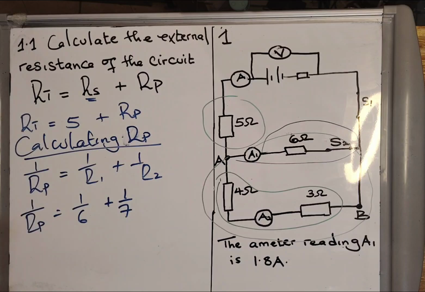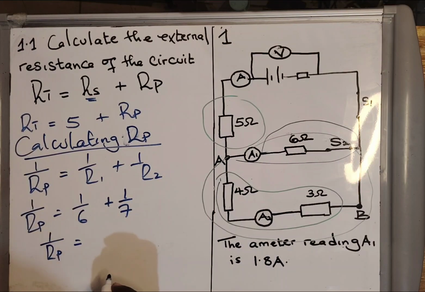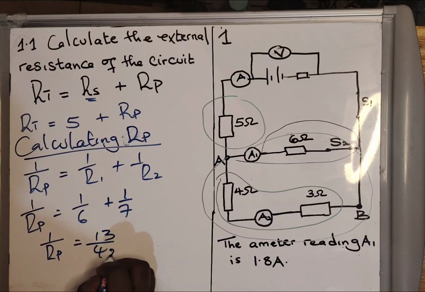So what do we get here? We are going to get 1 over RP is equal to, after computing here, 13 over 42. So after getting that, what do we know? This is what we know, that this resistor is inverted. What we normally tell our learners is that you don't have to cross multiply here.